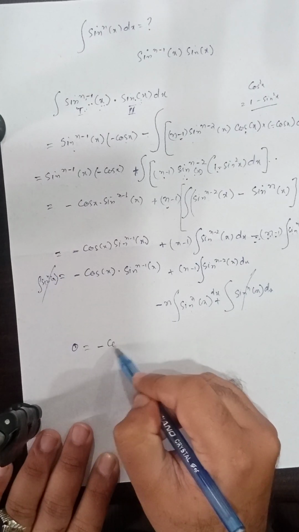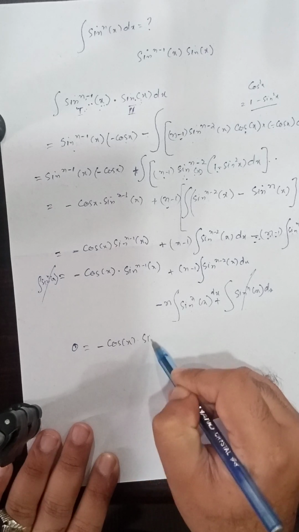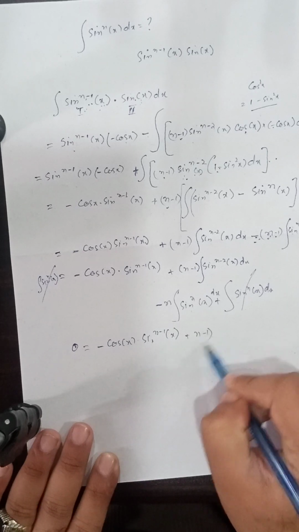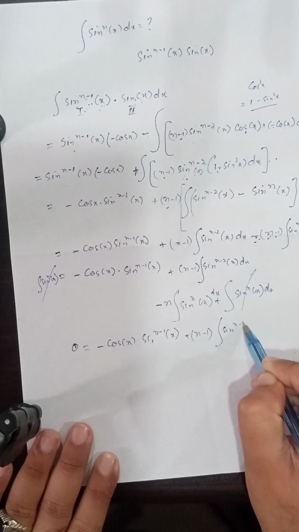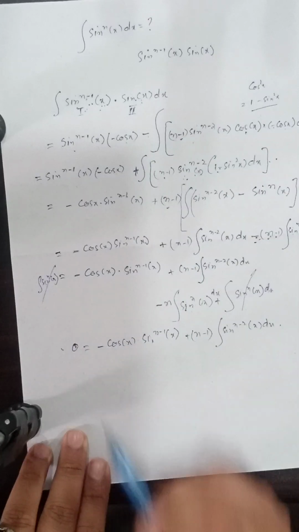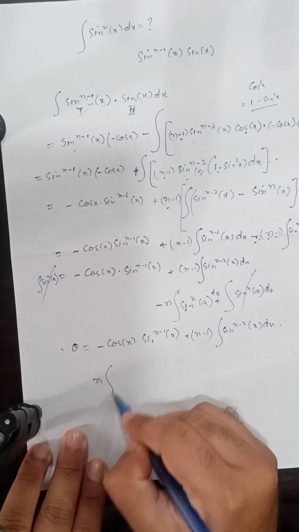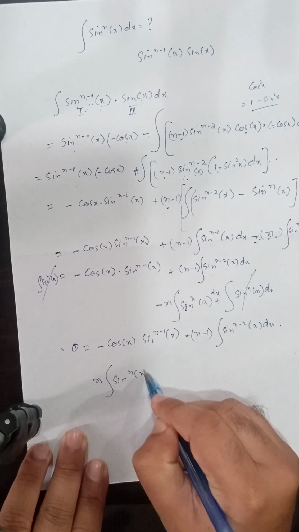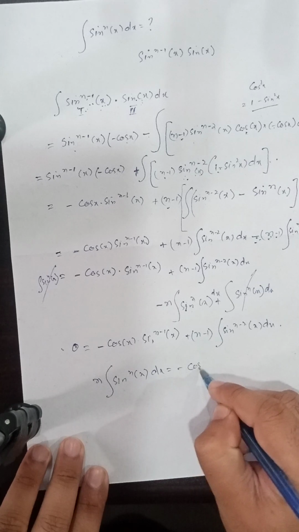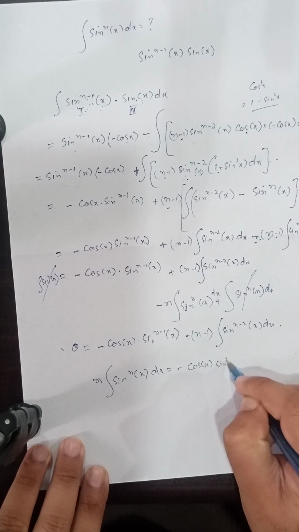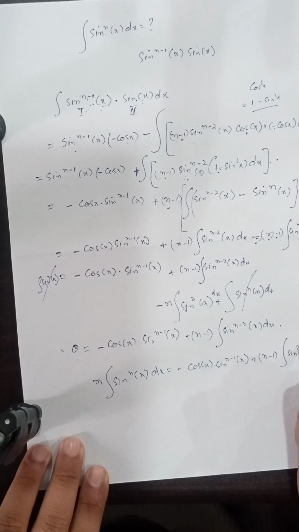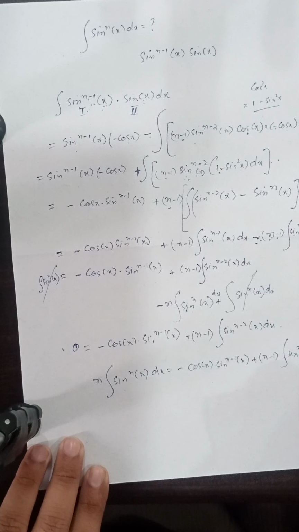So 0 is equal to minus cos of x sine power n minus 1 of x plus n minus 1 integral of sine power n minus 2 of x dx, and shifting this term to this side, it changes to plus. So n integral of sine power n of x dx is equal to minus cos of x into sine power n minus 1 of x plus n minus 1 into the integral of sine power n minus 2 of x with respect to x.